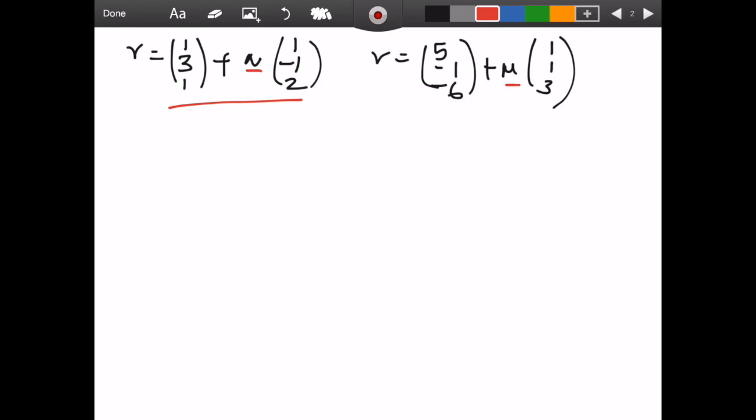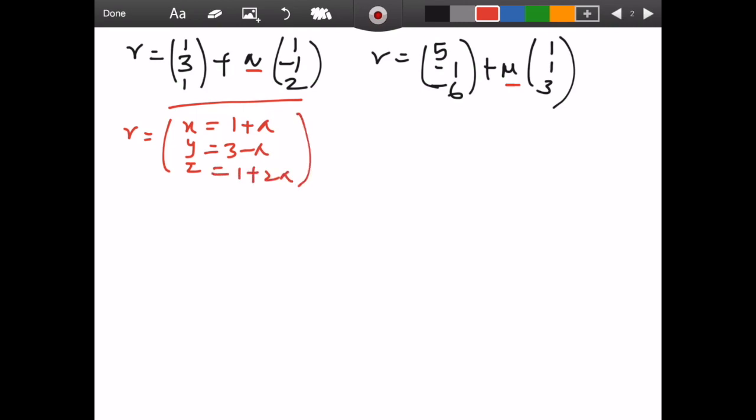Now I want to check whether these two lines are skew lines. First of all, you follow the standard procedure for finding the intersection of the lines. Convert both equations into parametric form. The first is x, y, z equals 1 plus lambda, 3 minus lambda, and 1 plus 2 lambda.